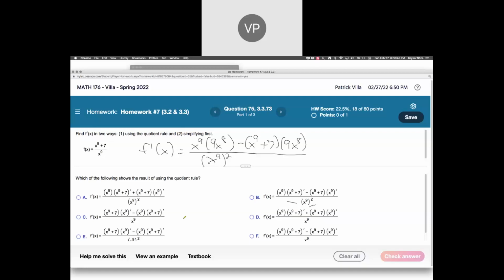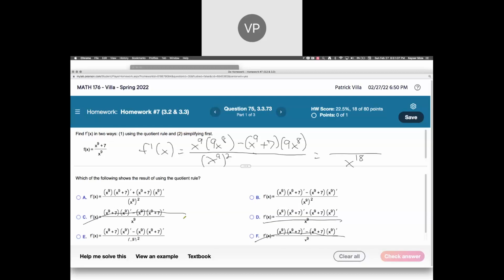Okay? Now all these choices, look at the ones you have here. Now I'm going to start with the easy one. This bottom is x to the 18th, 9 times 2. They don't have any of that, but you know it's x to the 9th to the 2nd. So this one is out, this one is out, this one is out. So we're down to 3 choices just from the denominator alone.